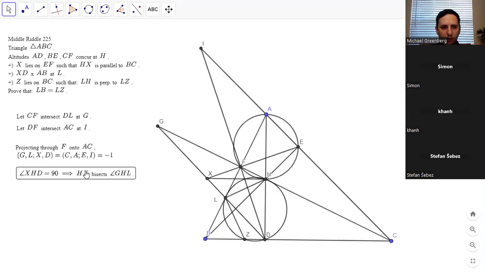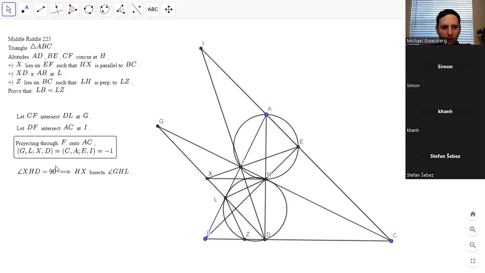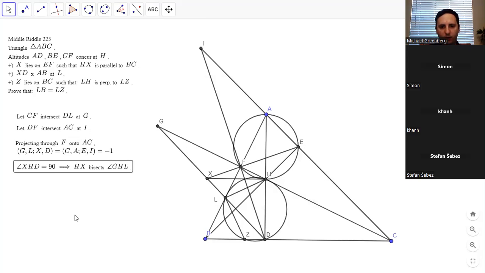And once we know that, it's not too hard to show by an angle chase, because this angle is 90 minus this angle, which is 90 minus this angle. Well, we could just say angle LHT is angle FHA.